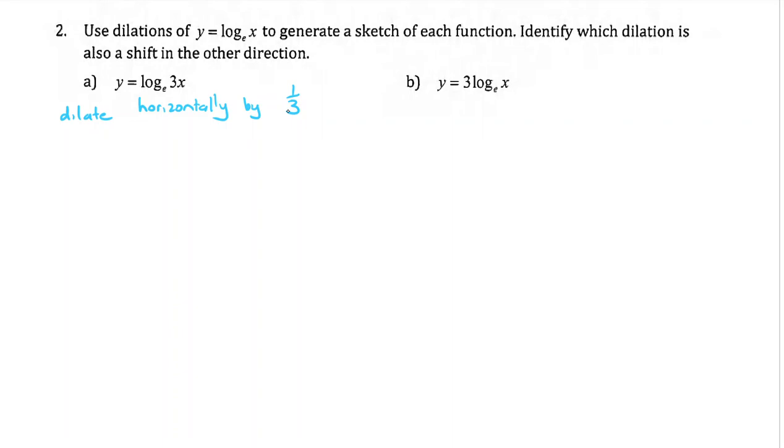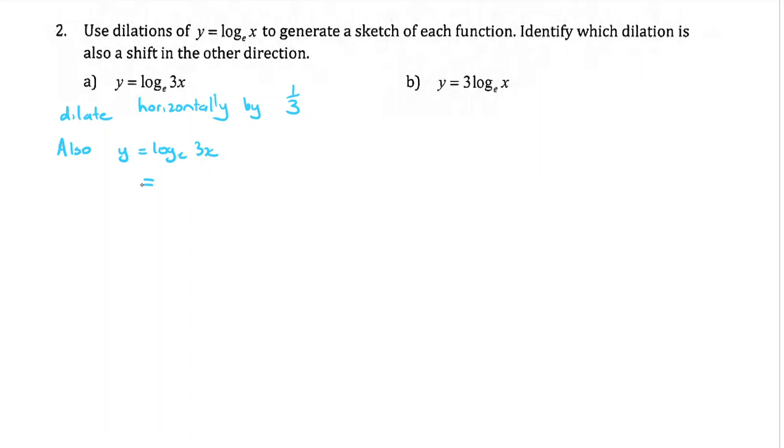Another thing that may be helpful here, because we've got to sketch this: y equals log base e of 3x. Using log laws, that's the same. Remember, if you've got two things multiplied here, what can you do?